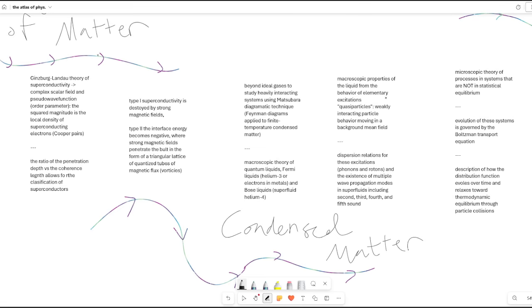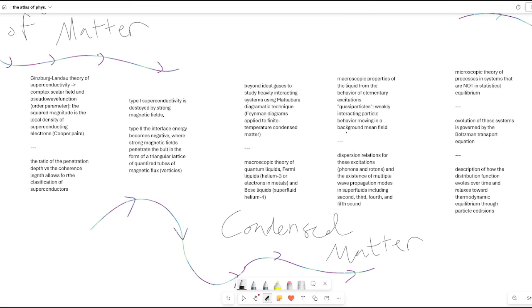Because they have a background type of field, we get different kinds of weird phenomena like skyrmions and anyons, and even graviton-type spin 2 fields can be found in condensed matter systems.